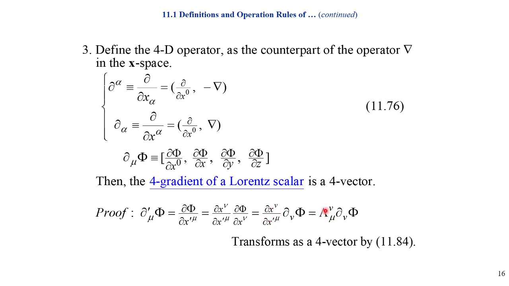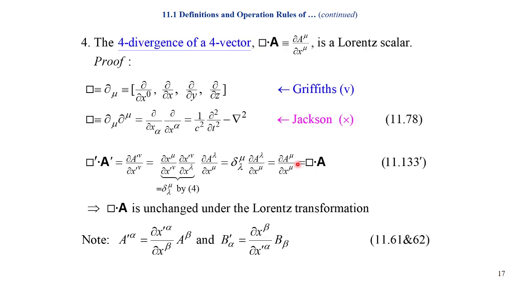Transforms as a four vector. Okay? Therefore, we prove the four gradient of a Lorentz scalar is a four vector. We have more properties to go. The four divergence of a four vector.